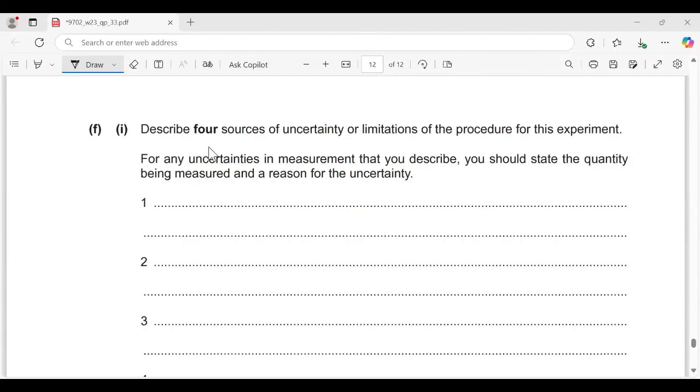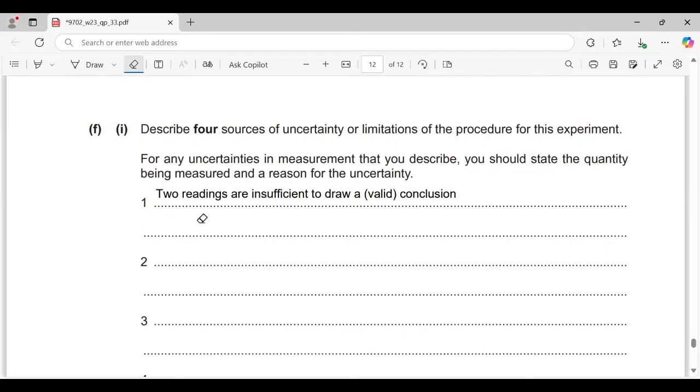F, describe four sources of uncertainty or limitations of the procedure for this experiment. For any uncertainties in measurement that you describe, you should state the quantity being measured and a reason for the uncertainty. First, the readings are insufficient to draw a valid conclusion.